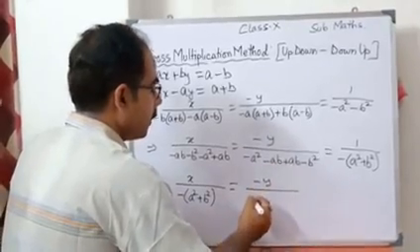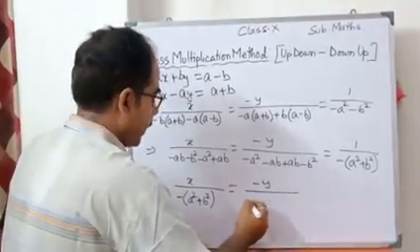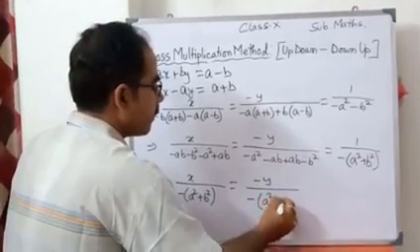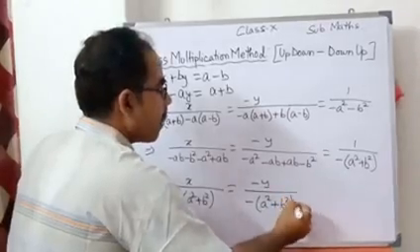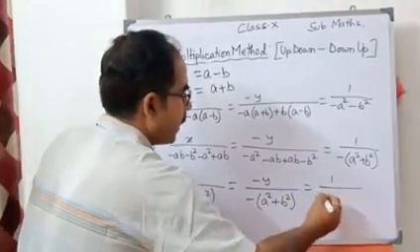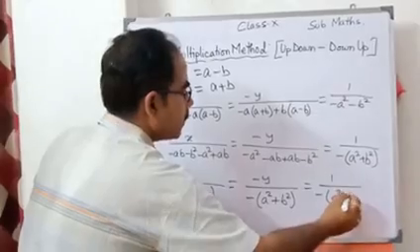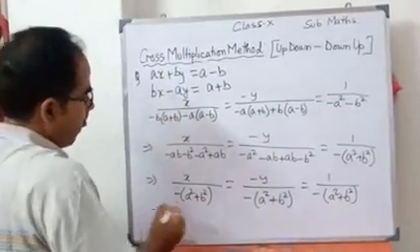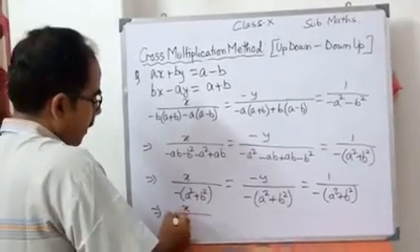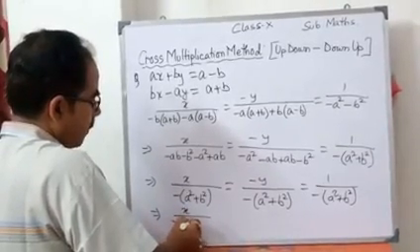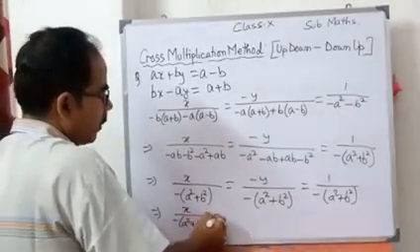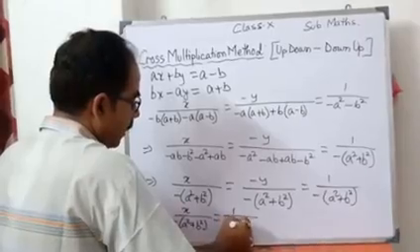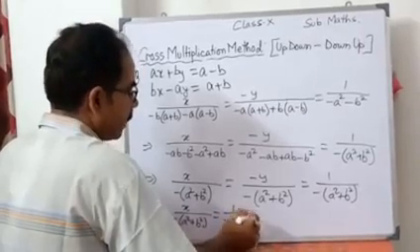So if I take minus as common in minus a square minus b square, then a square plus b square equal to 1 by minus of (a square plus b square). So ultimately you are getting x by minus of (a square plus b square) equal to this one, 1 by minus of (a square plus b square), correct?